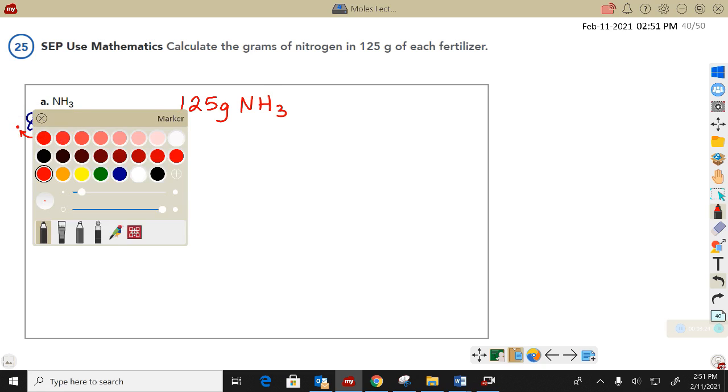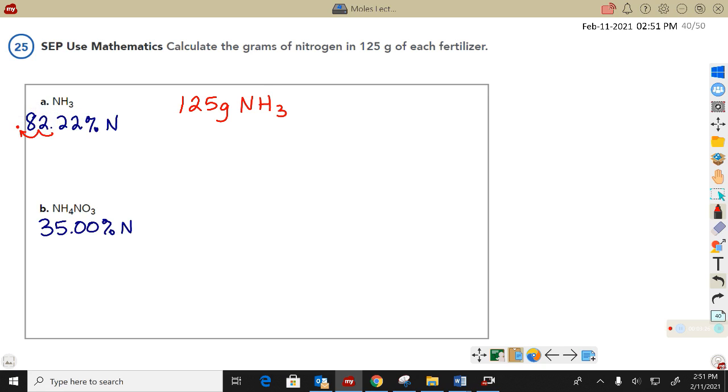It's a part out of 100, so if I flip it back 2 spots, 82.22% is like 0.8222.